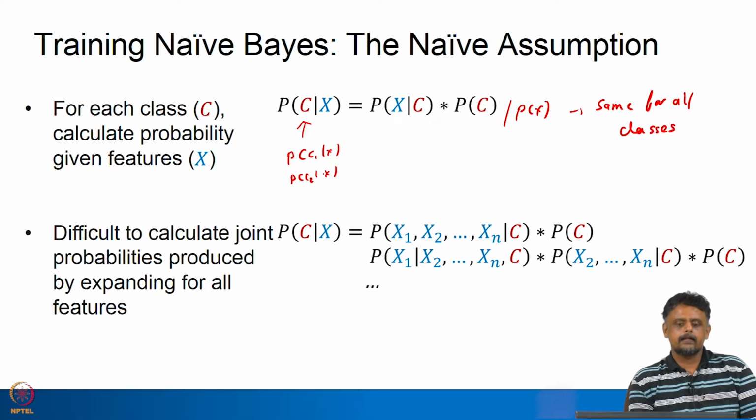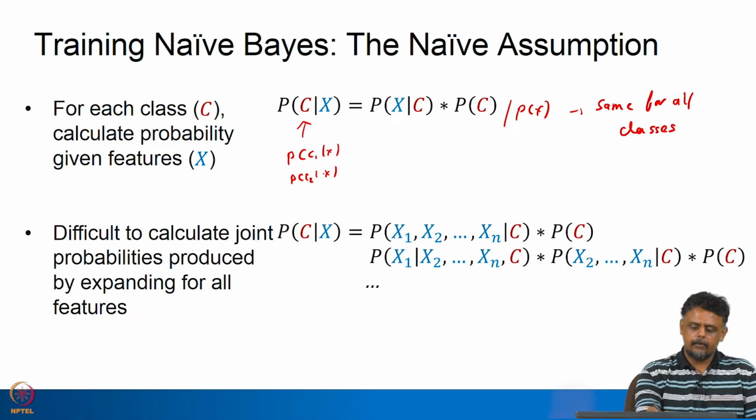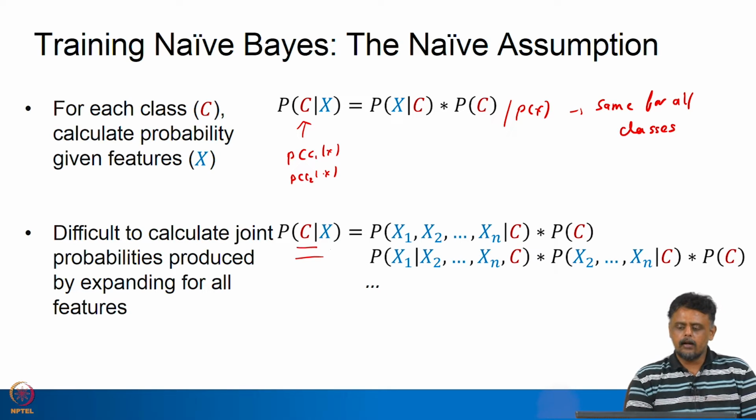So, let us just look at the calculation. We want to calculate p of c given x. In this case, x is not one variable, one dimensional; it is n dimensional, which means that there are n features.